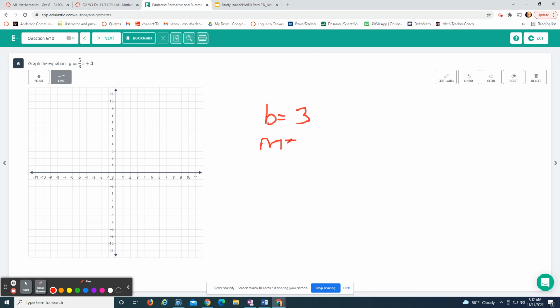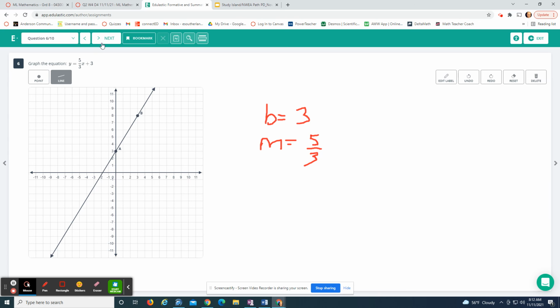And my slope is 5 over 3. So for me, this is what I want to do. I want to start on 3. And then I want to count up 1, 2, 3, 4, 5. Then over 1, 2, 3. And it's going to graph that line there.